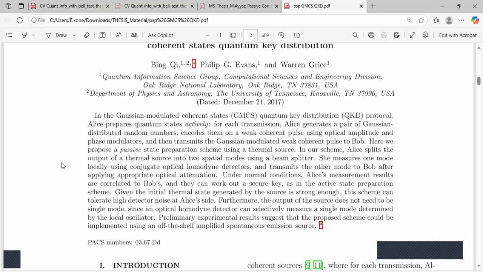Also, it was not an efficient way to modulate the coherent state in a setting where we need a high transmission rate.